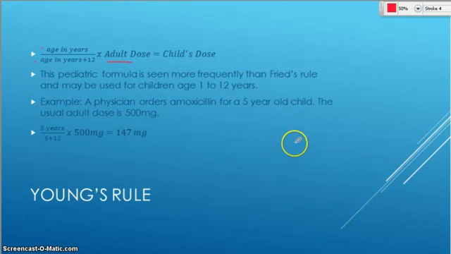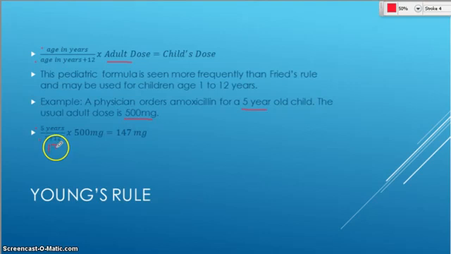So here's an example. We have a physician who orders amoxicillin, this time for a 5-year-old child, and the adult dose is still 500 milligrams. So to use this formula, since the child is 5 years old, that's what goes on top. So 5 on top and 5 plus 12 on the bottom, which is 17.